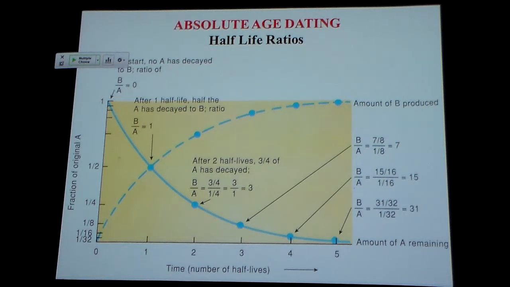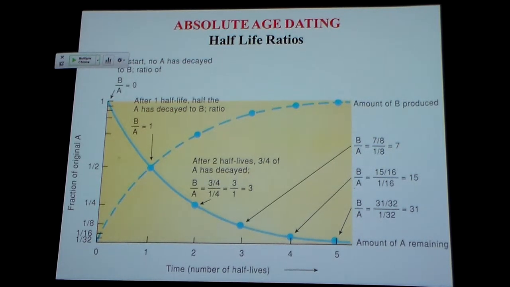And you can start getting an idea of the ages. Remember, we measured the decay rate, so we know what that rate is for each of these different elements, and it stays the same. It doesn't vary, it doesn't speed up and slow down. It's constant. So we know when we see these ratios how much daughter there is, how much parent there is. We can click it into these curves.